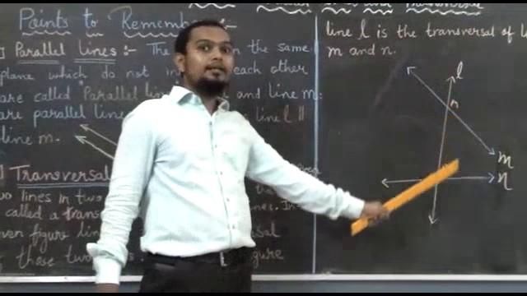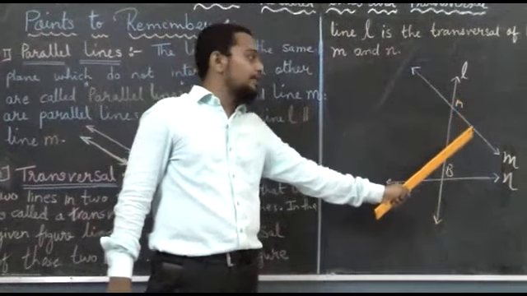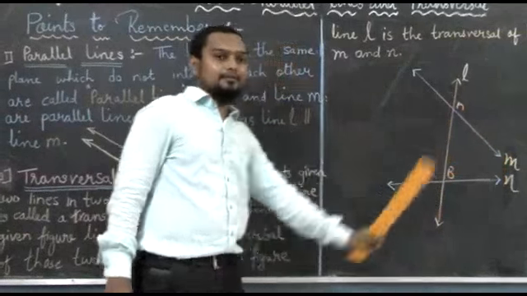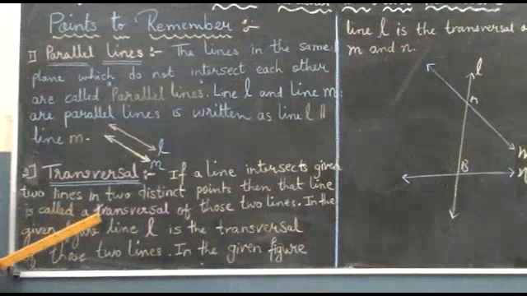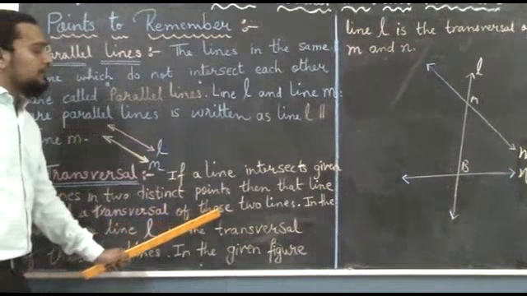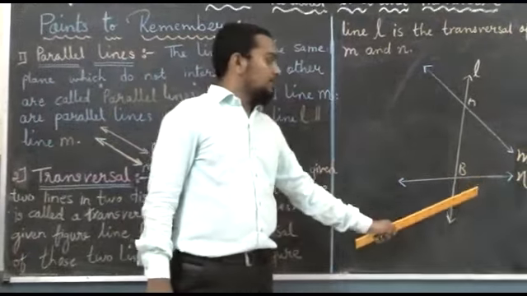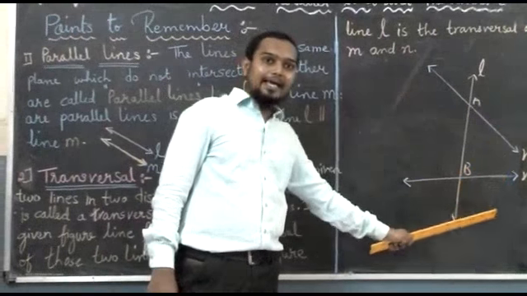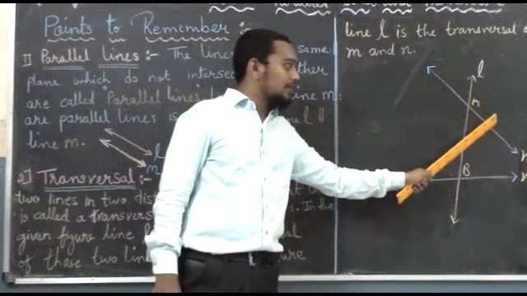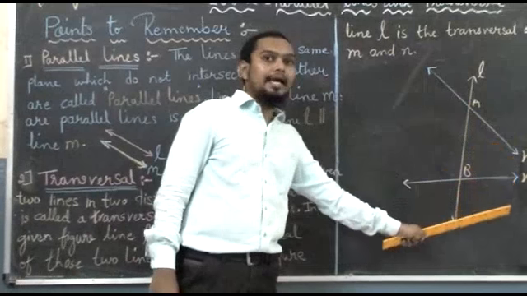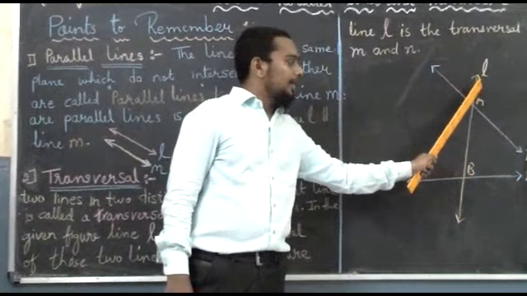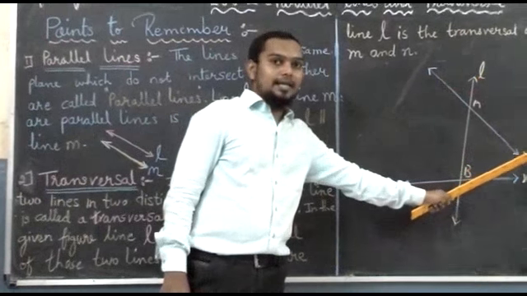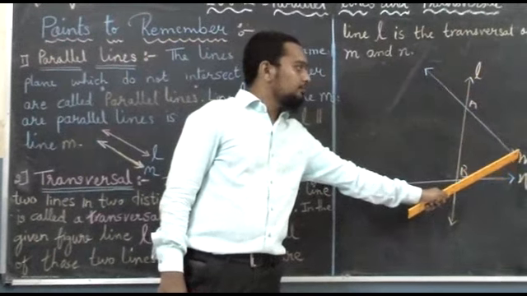That means A and B are two distinct points of lines M and N. Then that line is called a transversal of those two lines. This L is a transversal of lines M and N.